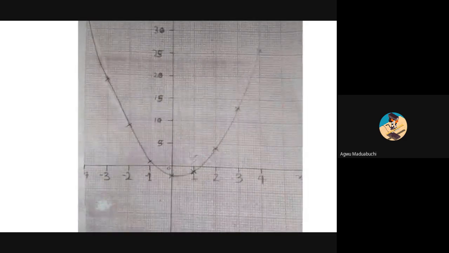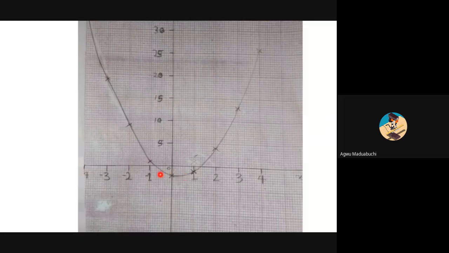As you can see, 10 lines here represent 1 unit. On the other side, we have -1, -2, -3, and so on. Then here we have +5, 10, 15 like that. I hope the scale is clear, how we get the scale.